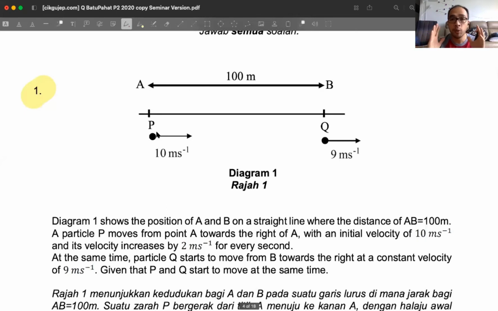I think that is a very poor strategy to answer any paper, to start from question number 1 and then finish with the last question. Please remember this. In AdMaths, you don't have to answer the questions from the first to the last. You can answer the questions in any order you want.